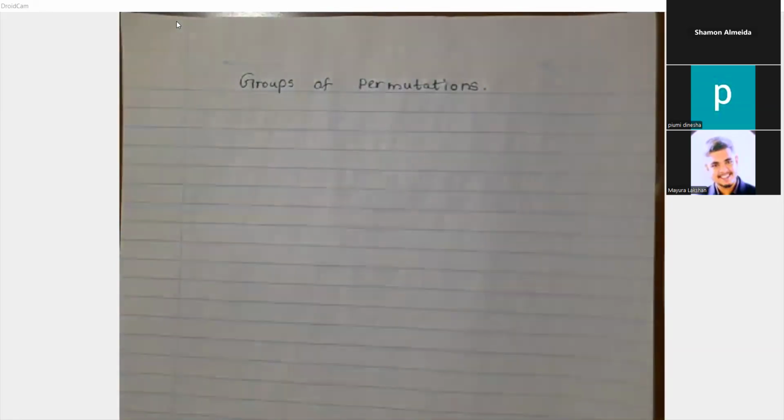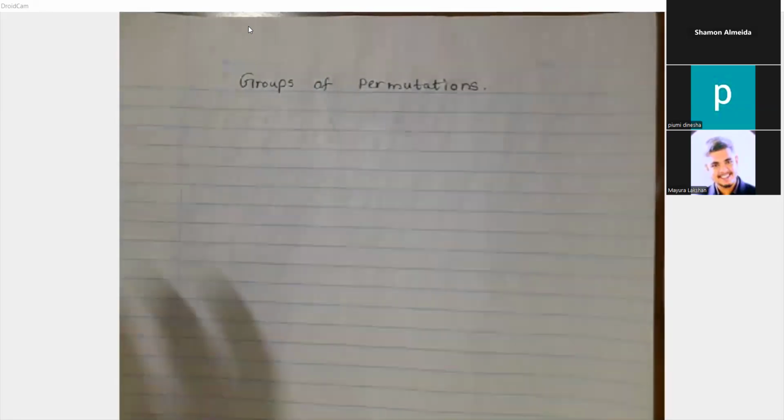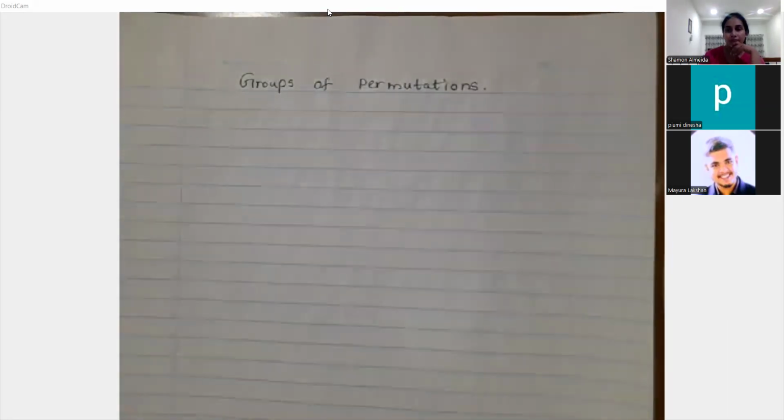We have studied that one group of permutation already. Symmetric groups. Yeah, the symmetric group. Exactly, right? S3 of order 6. That is one group of permutation.